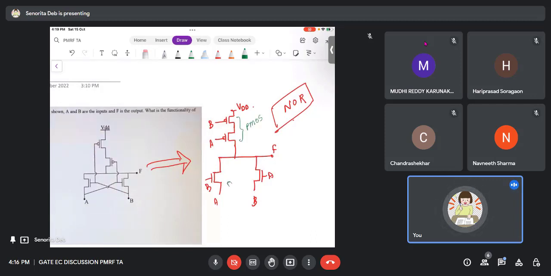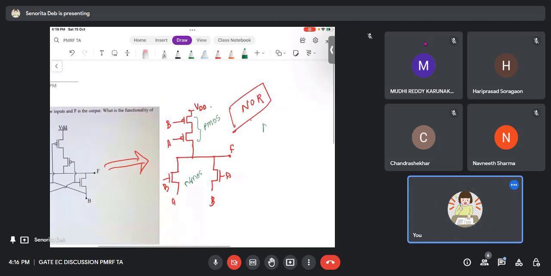NMOS is on when gate is 1, high, and PMOS is on when gate is low. For digital logic, you will remember this.